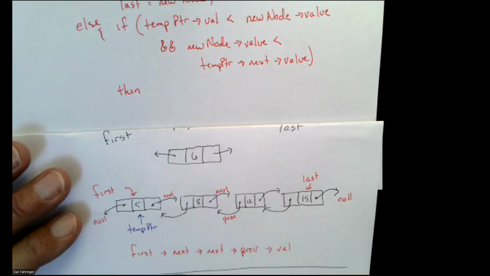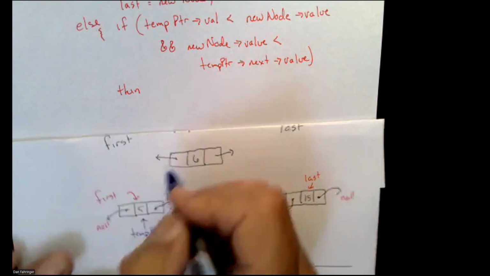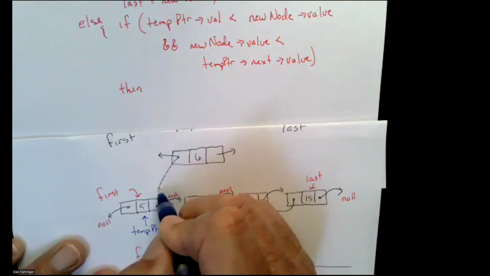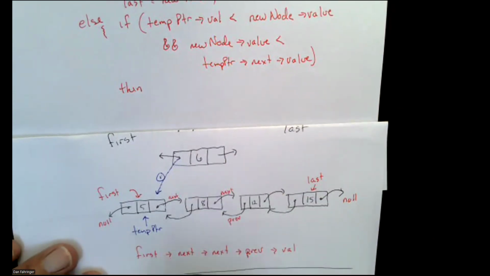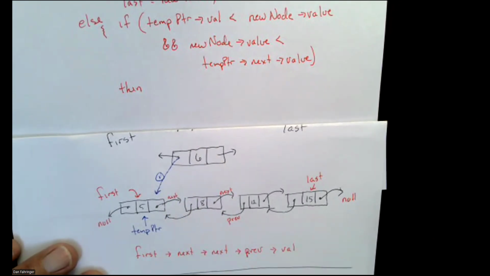What's the very first one I need to do? Oh, let's try. If I go to here, I can do that, right? That's just going to get the value of temp pointer. That's good. What would I do second?